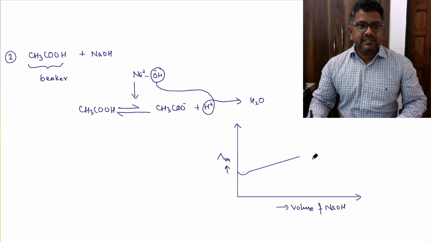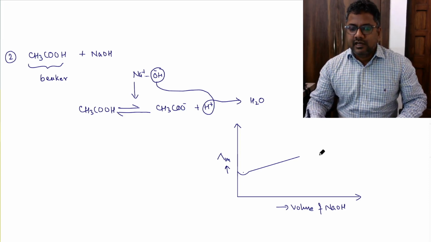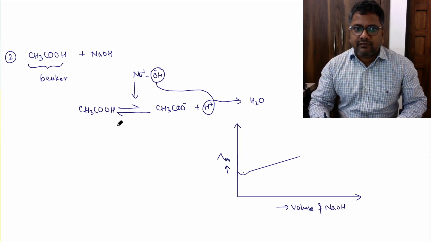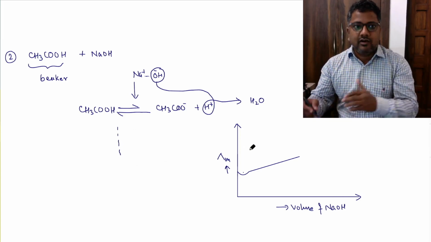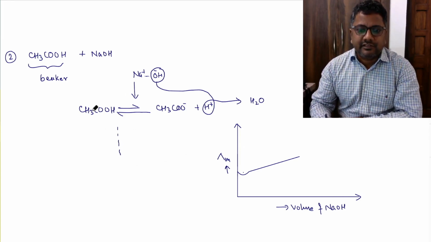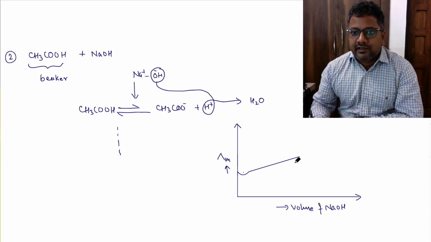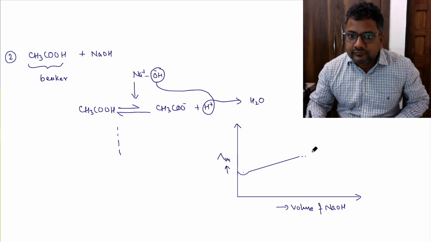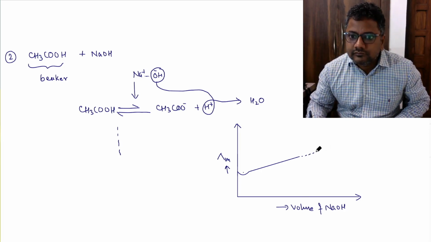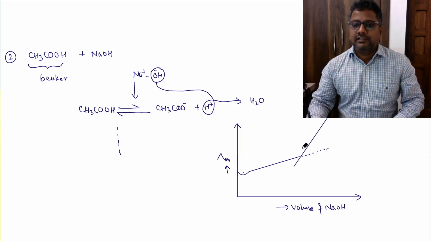So first there is an increase, and after the equivalence point, when you keep on adding this NaOH, after complete reaction with the acetic acid, what will happen? This will sharply increase, right?